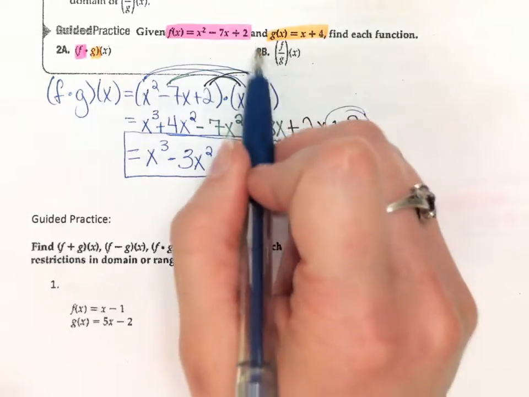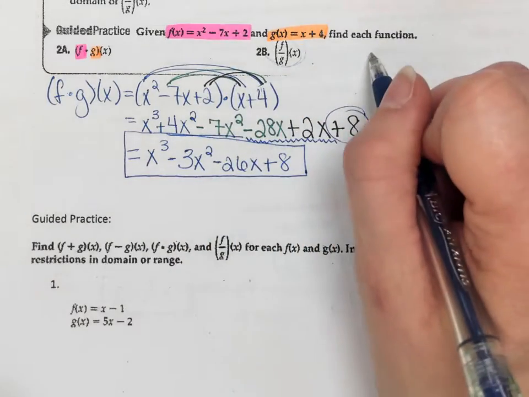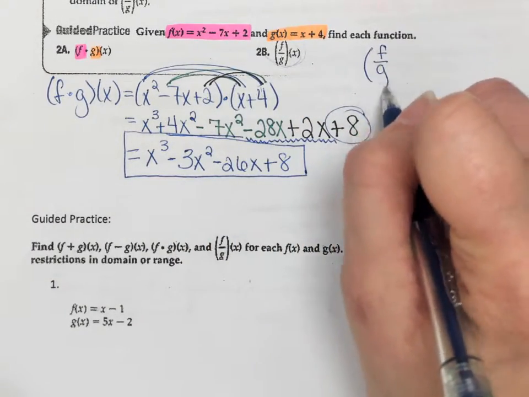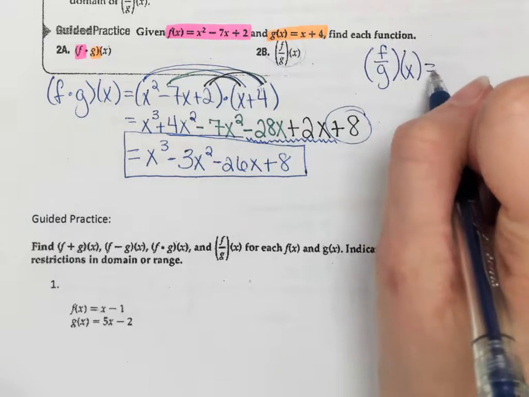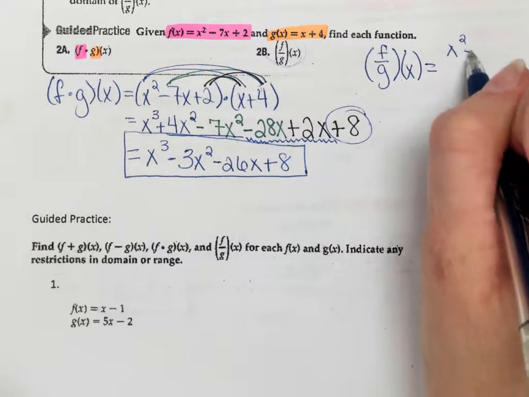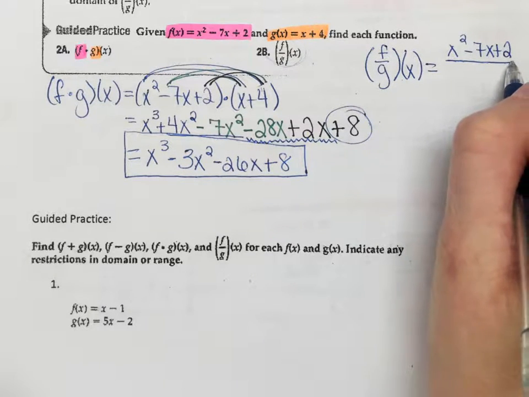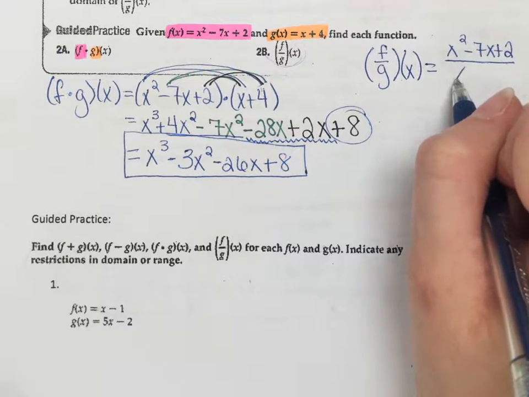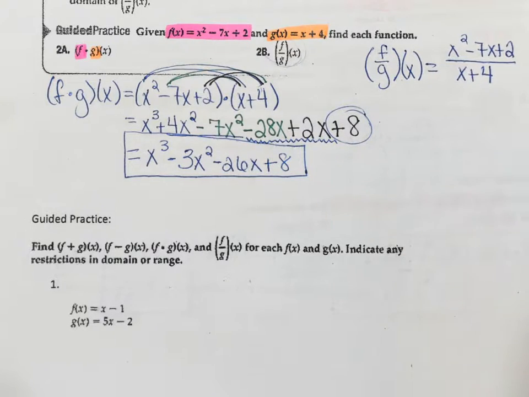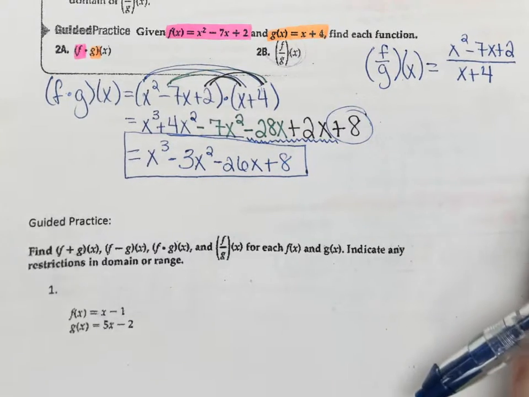All right, same thing on this one. You ready? So we're going to take our function of f, which is x squared minus 7x plus 2, and we're going to divide it by our g, which is x plus 4. Now here's the only thing, you ready?